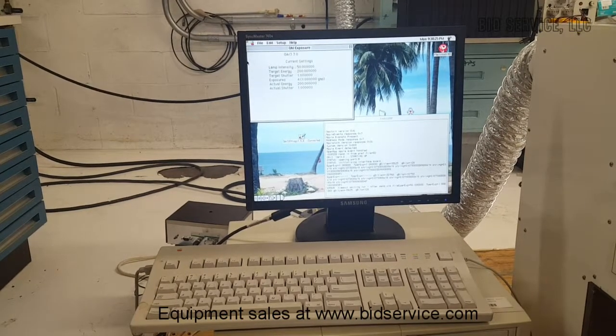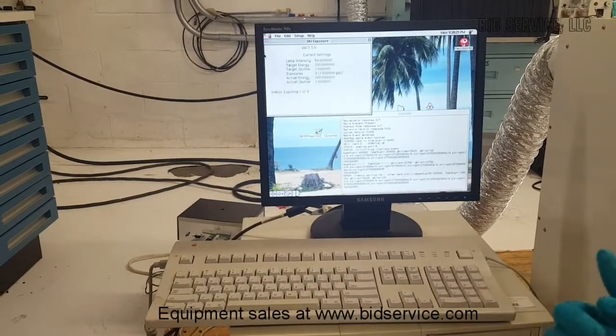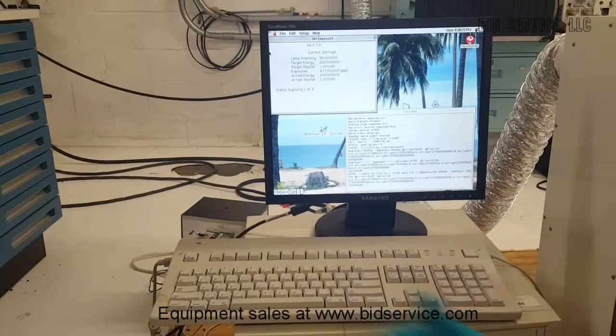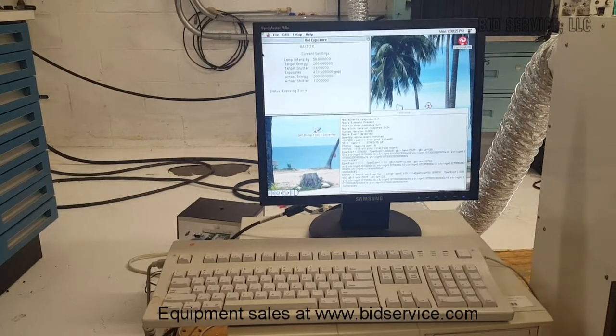Once we enter this, we can press escape to start exposing.